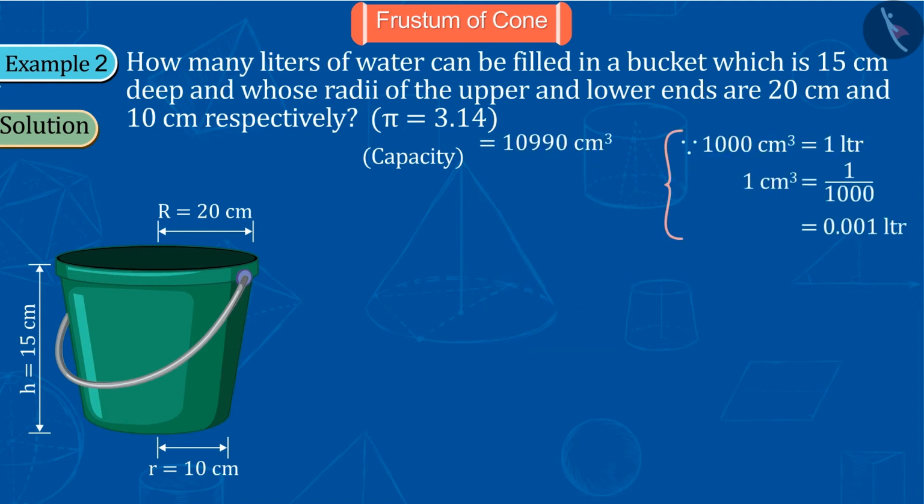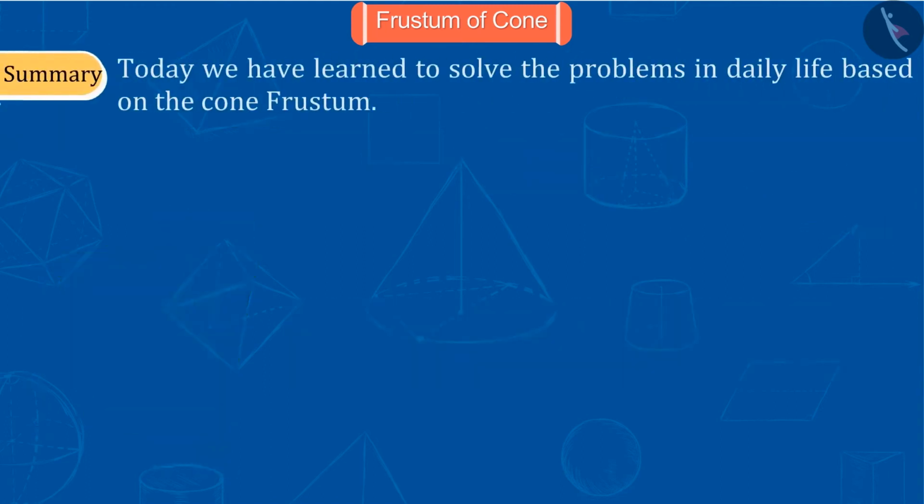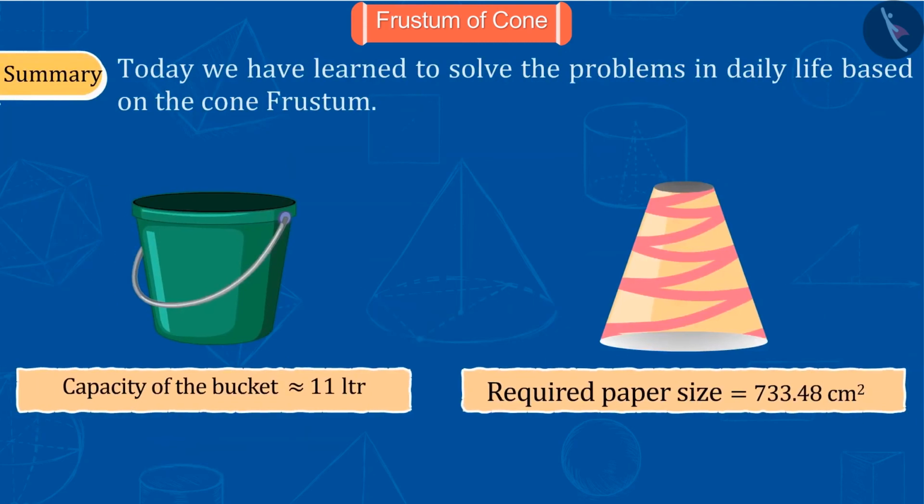Also, we know that 1000 cubic centimeters is 1 liter. Therefore, 10.99 liters or about 11 liters of water can be filled in the bucket. Today we learned to solve the problems faced in daily life based on the frustum of the cone.